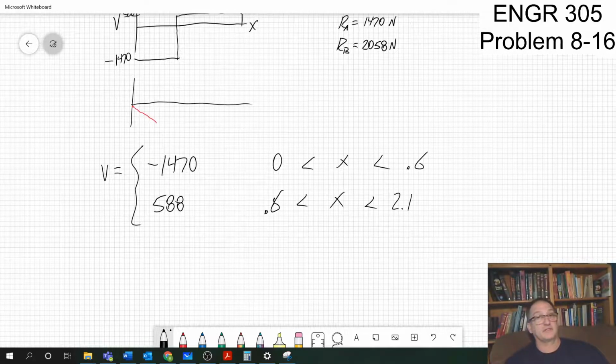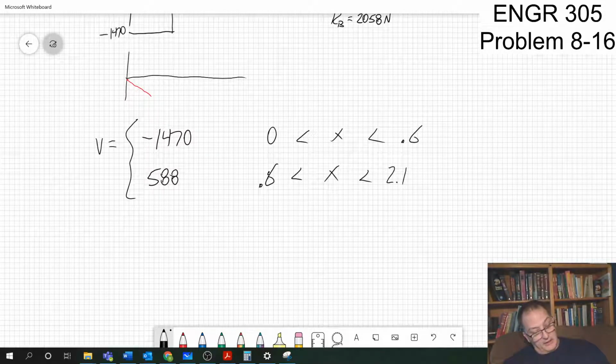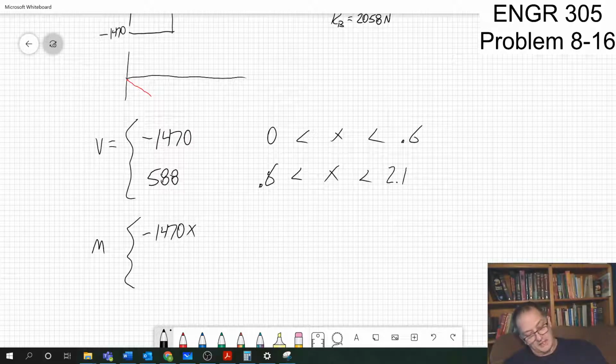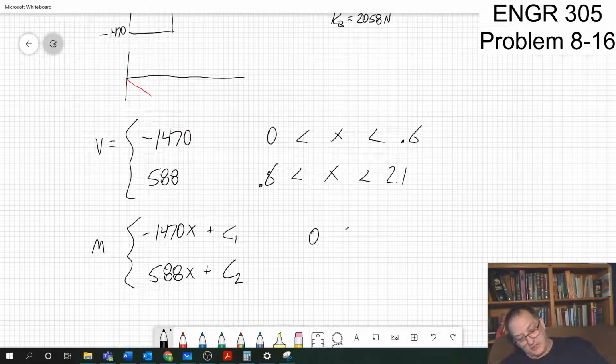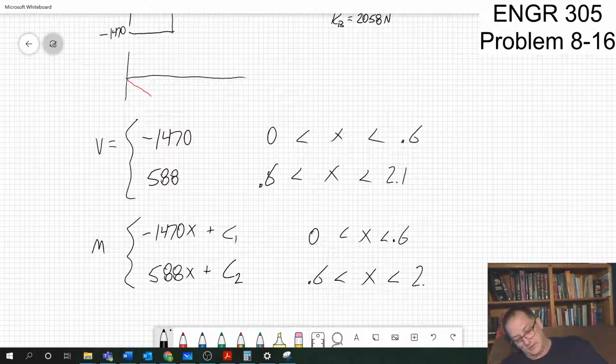Not a surprise there. I'm going to integrate that. My moment equation is equal to minus 1470x plus C1, and this is equal to 588x plus C2. The first equation is good from 0 up to 0.6, and the second equation is good from 0.6 up to 2.1.